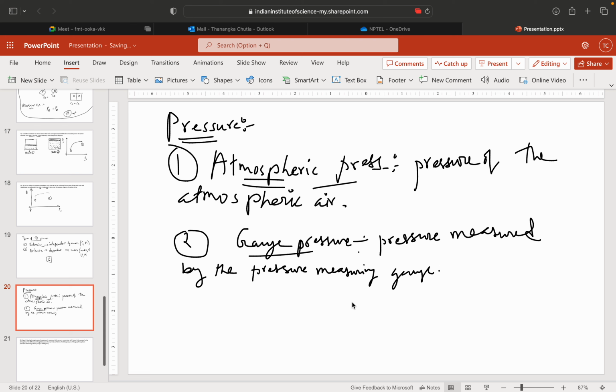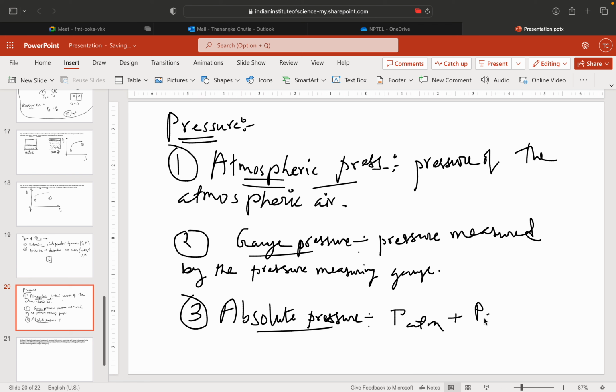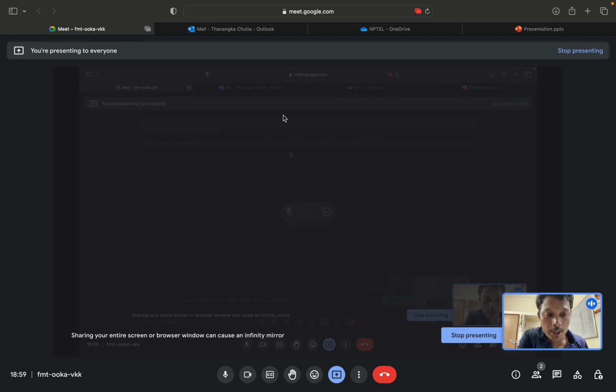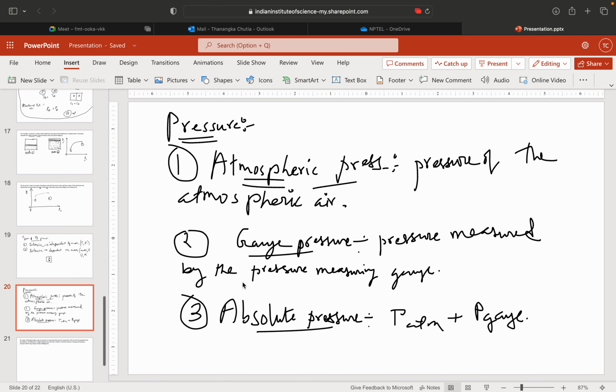Okay, so whatever the pressure measuring gauge will give you. And then the third one is the absolute pressure. It is equal to P atmosphere plus P gauge. Okay, P atmospheric pressure plus P gauge pressure, that is equal to your absolute pressure.